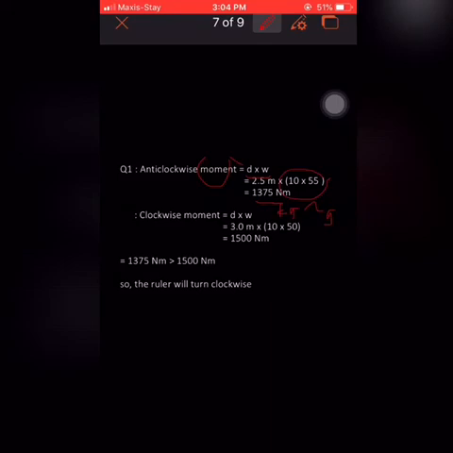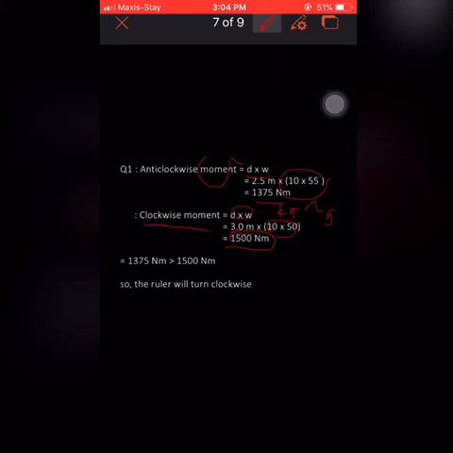Moving on to the clockwise moment, we use the same formula, distance times weight. We get 3.0 meter and 10 times 50, since we have to change kilogram into Newton. So we will get 1,500 Newton meter as the clockwise moment.